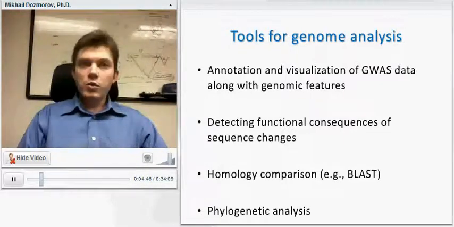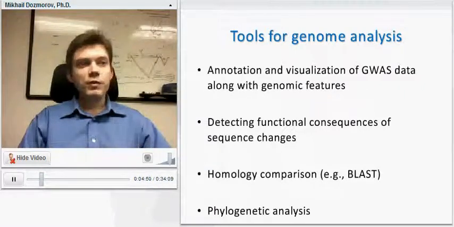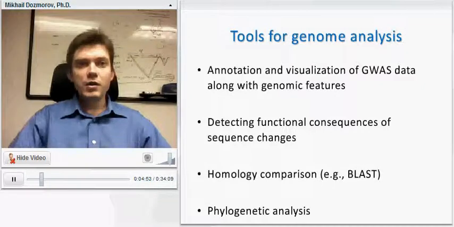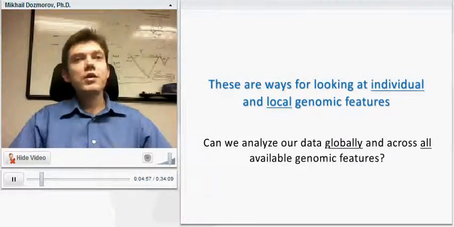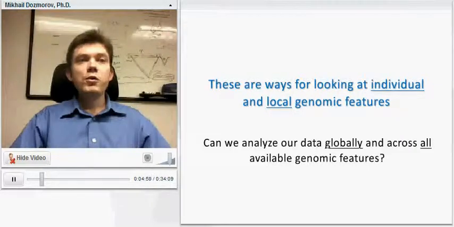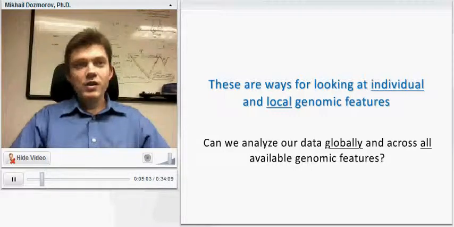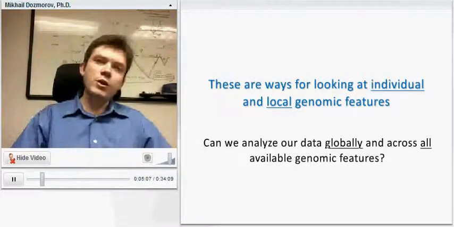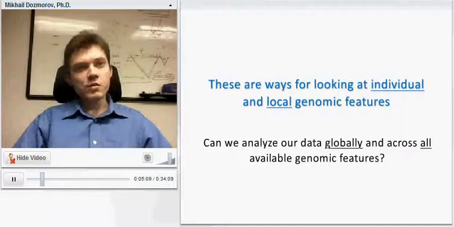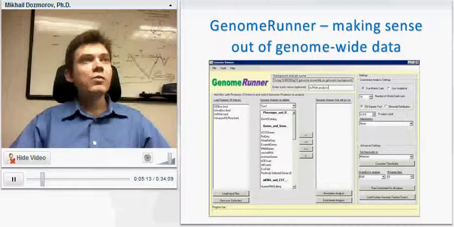We can perform homology comparisons, align sequences. We can perform phylogenetics analysis and study evolution. But these are always for looking at individual and local genomic features. The question I'm addressing: can we analyze our data globally and across all available genomic features? And the answer is yes, now we can.